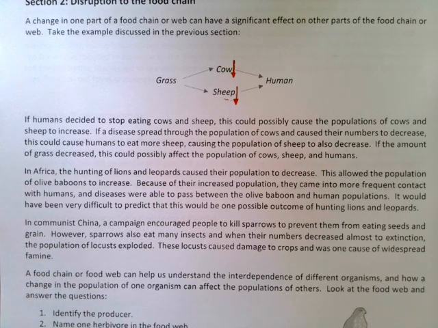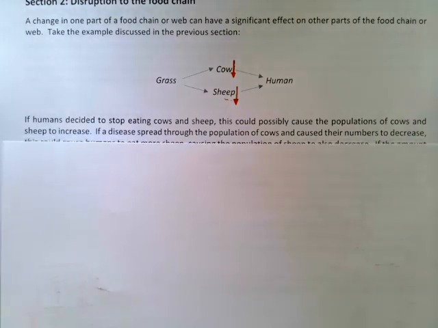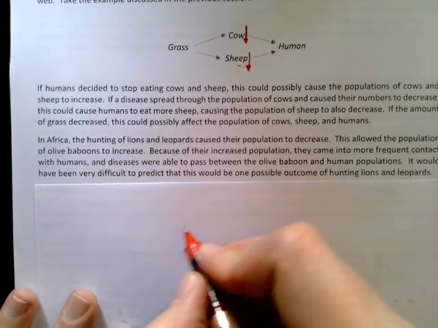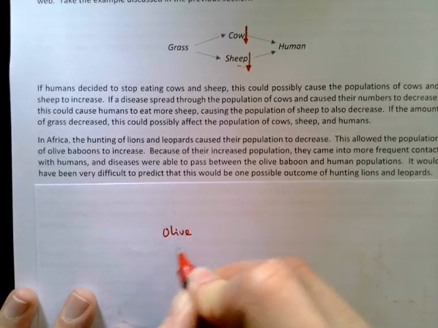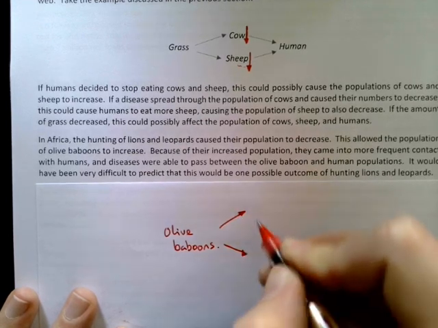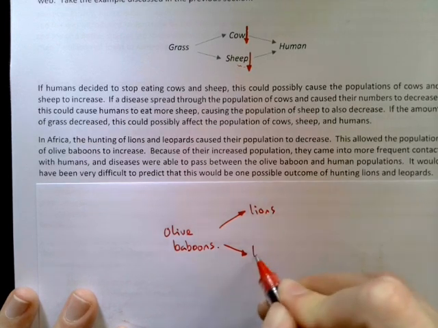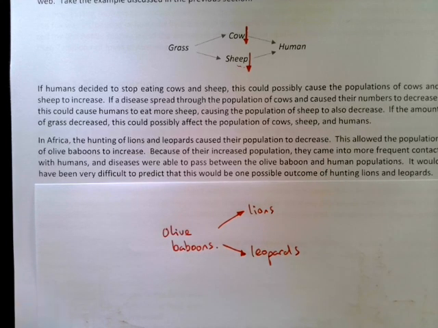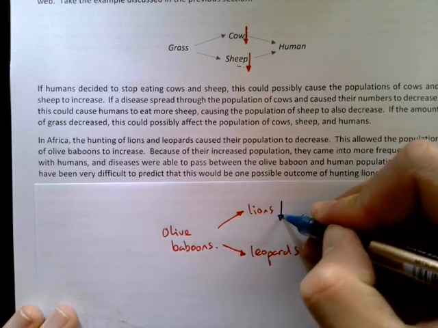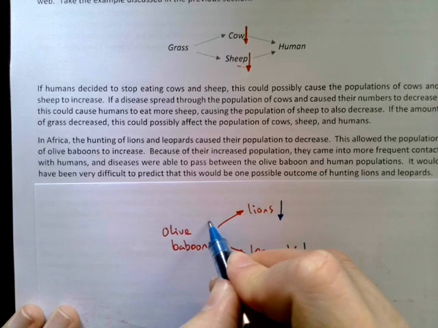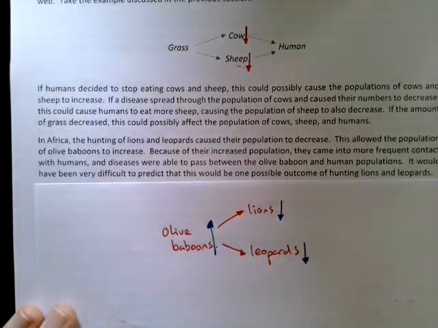So if we were to draw out a simple food web for this, we could have olive baboons, and they are eaten by lions and leopards. Now humans hunt lions and leopards, so the population of lions and leopards decreases. Because there are fewer lions and leopards, the number of olive baboons is going to increase because they're not being eaten by the lions and the leopards.